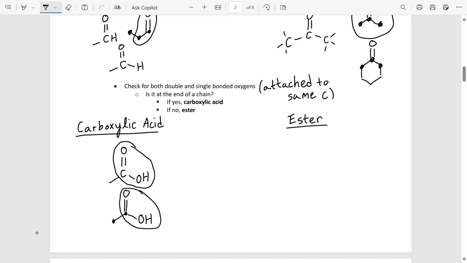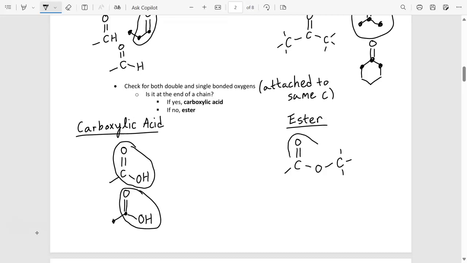And last one, we've got the ester. So an ester is when you have a double bonded oxygen to carbon. You've got your carbonyl group, and that carbon is attached to an oxygen, and then on the other side of the oxygen is another carbon. Okay, and then anything can come off of these carbons.